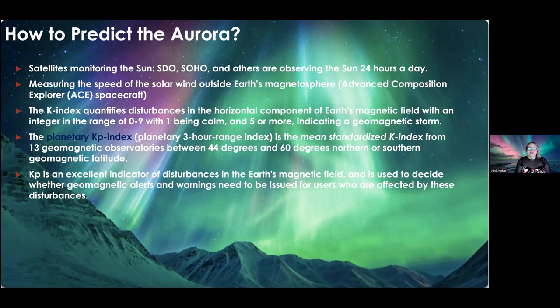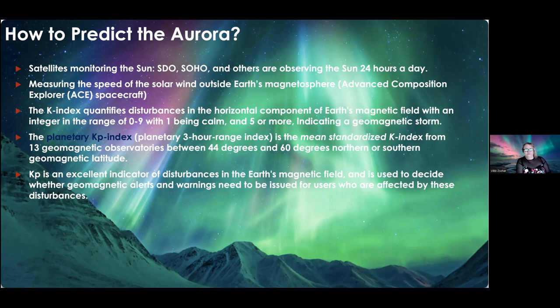Kp is an excellent indicator of disturbances in the Earth's magnetic field, and is basically used to decide whether geomagnetic alerts or warnings need to be issued for service providers and users who are affected by it.